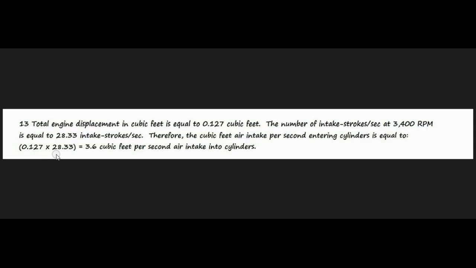So we have 28.33 intake strokes per second. Then we simply multiply the cubic feet displacement times the intake strokes per second to yield 3.6 cubic feet per second air intake into the cylinder.